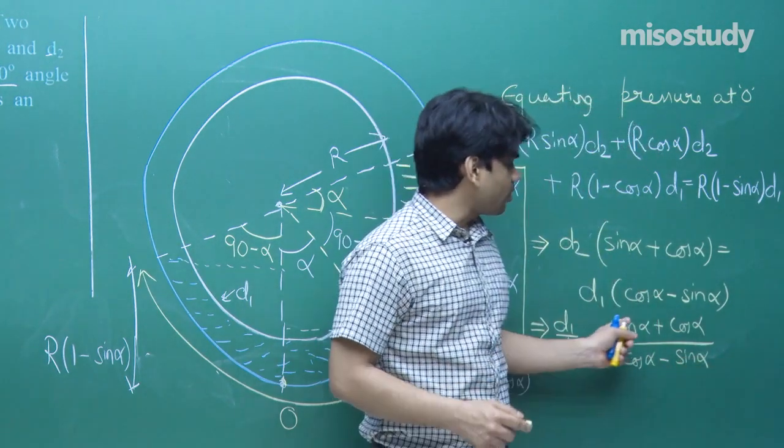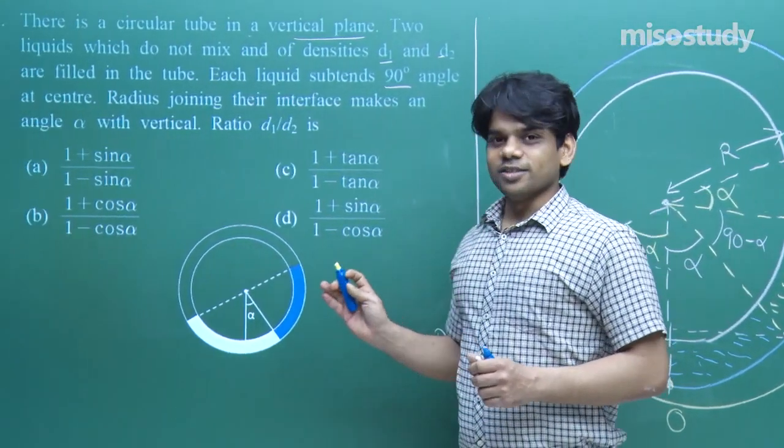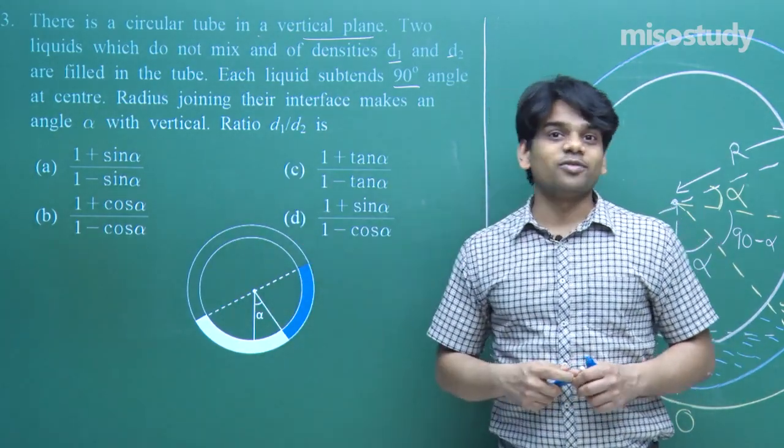Let's check with the options: (sin α + cos α) upon (cos α − sin α). There is no such option that we can see, but we have an option for tan α. Everywhere else we have sin α and cos α form.